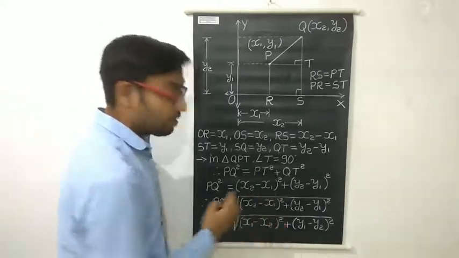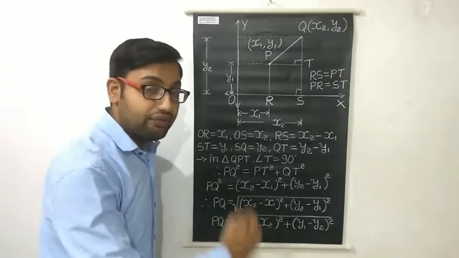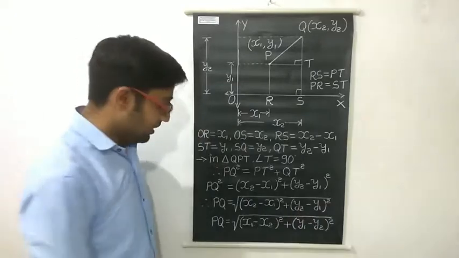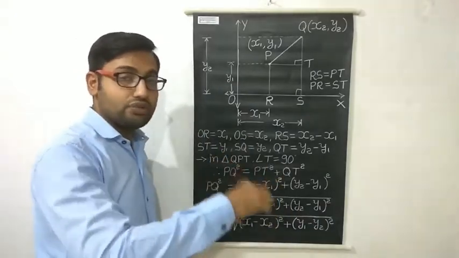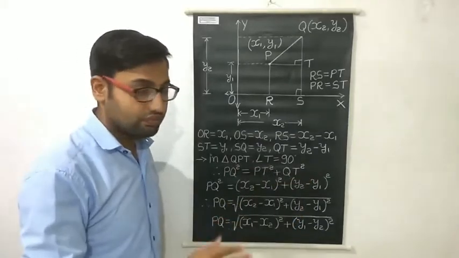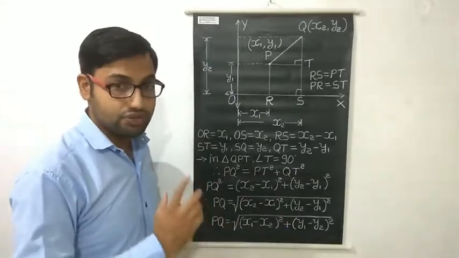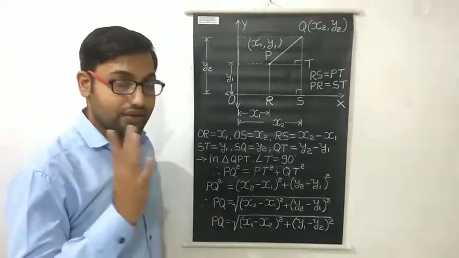Because there is a square on the bracket, so whatever value we get will be positive. Suppose there is 2 minus 3. 2 minus 3 whole squared is minus 1 squared, that is plus 1. And 3 minus 2 is also 1, and its square is also plus 1. So in both cases, we get the same result.